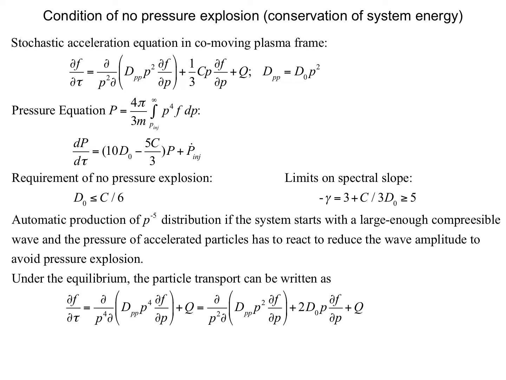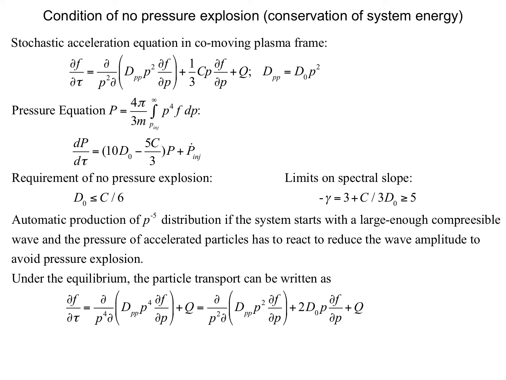It finds that the increase of pressure is proportional to the pressure itself. The solution to this equation is that P will exponentially increase or decrease with time. If this quantity is positive, it will increase to infinity. If this quantity is negative, then it will decrease to 0.